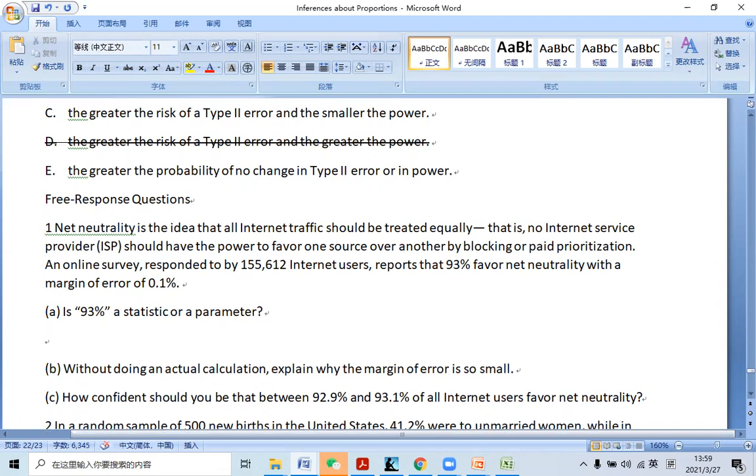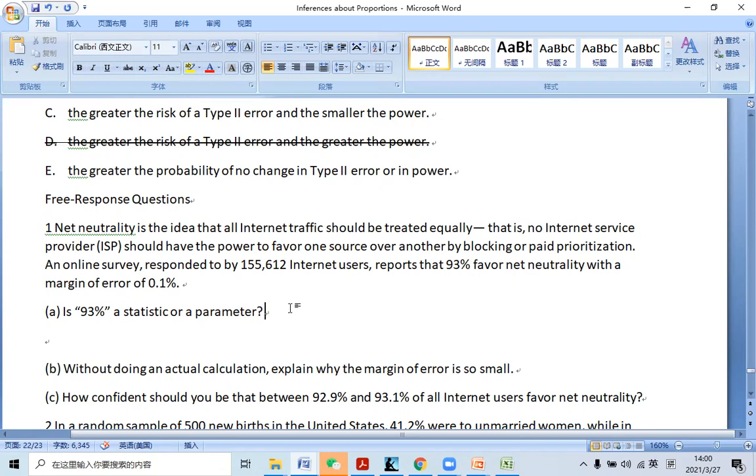This is a statistic. A statistic is a description of the sample. You get this 93% from your sample. Out of the 155,612 people you surveyed, 93% of them favor the neutrality idea.